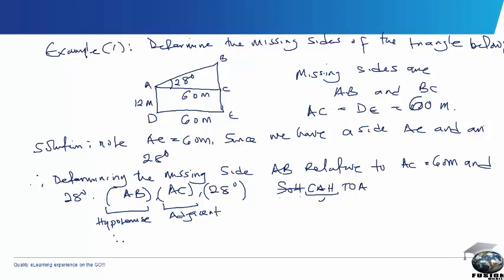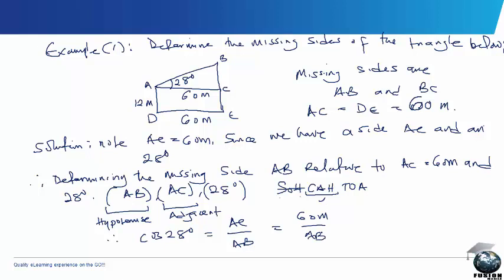And so we can say therefore cos of 28 degrees is equal to adjacent, the adjacent side is AC, and the hypotenuse side is AB. Okay, good. So you can denote the adjacent side AC, 60 meters, over AB.